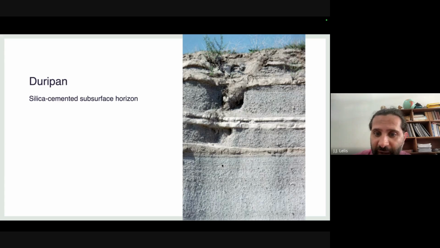So you can see some layers here that are silica-enriched layers that express cementation by silica. This is quite interesting because the duripan is also only formed in very dry climate conditions, in some areas with semi-arid and arid climates.